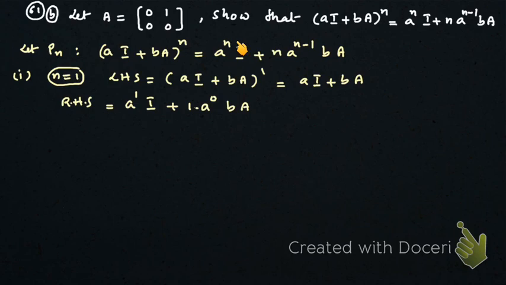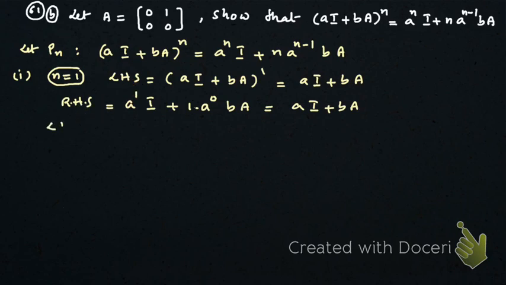So a raised to n into I became a raised to 1 into I plus n into a raised to n minus 1, but n is 1. So it's 1 into a raised to 1 minus 1, a raised to 0, and then b and A I copied. And I know that a raised to 0 is 1, so that makes it aI plus bA. So I got the same answer, aI plus bA, on LHS as well as RHS.